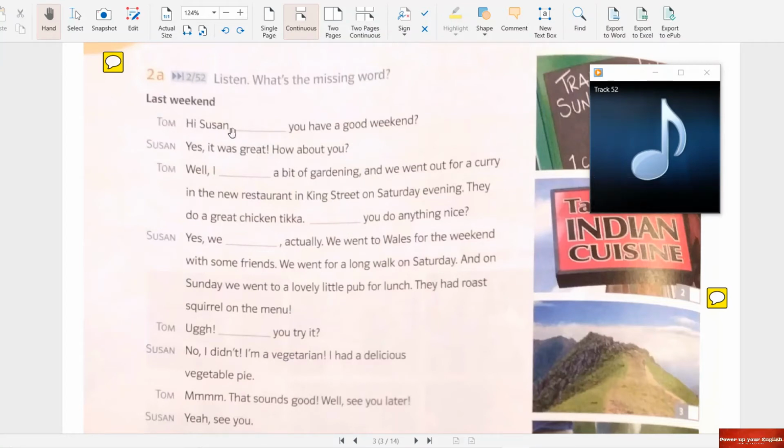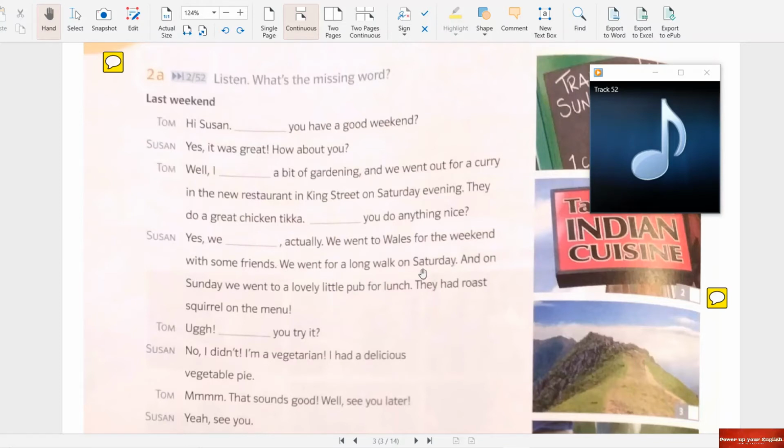Hi, Susan. Did you have a good weekend? Yes, it was great. How about you? Well, I did a bit of gardening and we went out for a curry in the new restaurant in King Street on Saturday evening. They do a great chicken tikka. Did you do anything nice? Yes, we did actually. We went to Wales for the weekend with some friends.